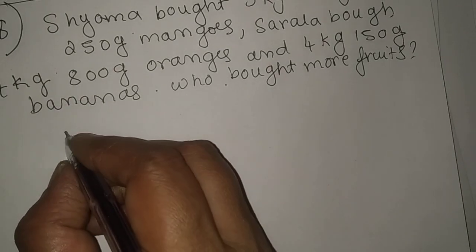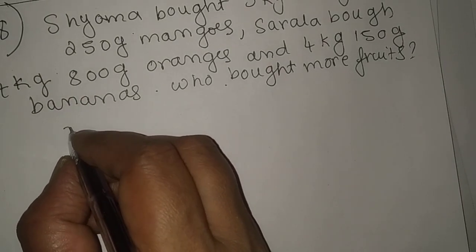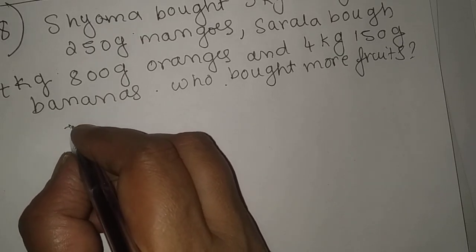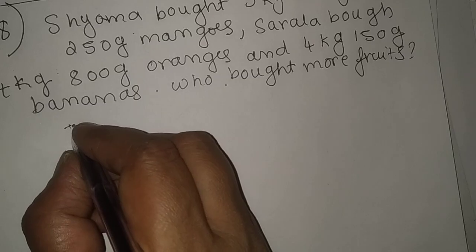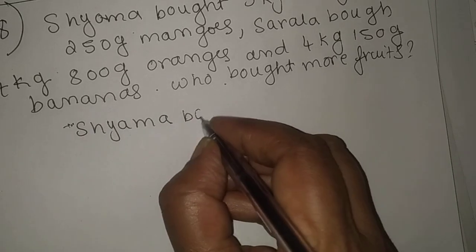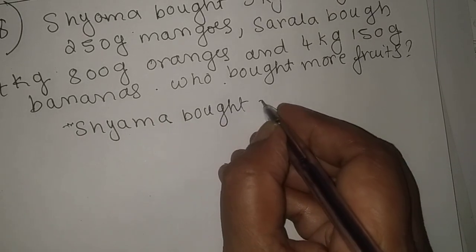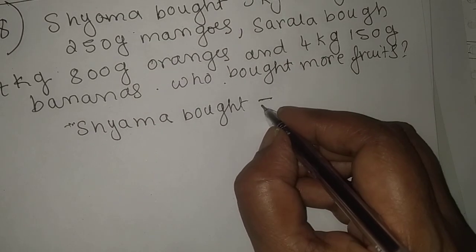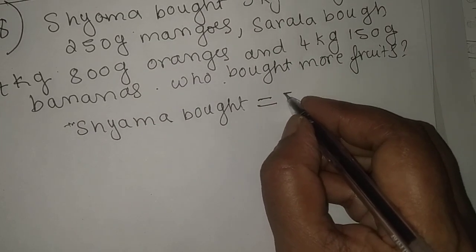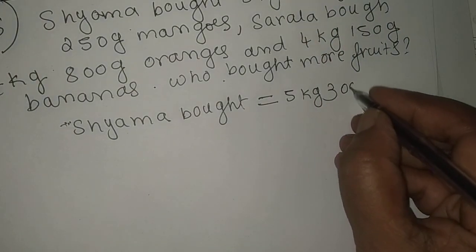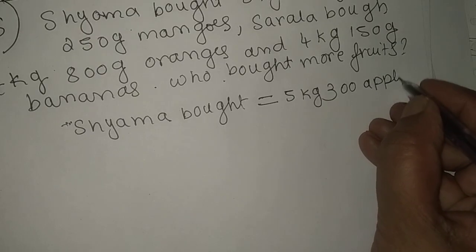So first, Shama. Shama bought is equal to what? 5 kg 300 grams apples.